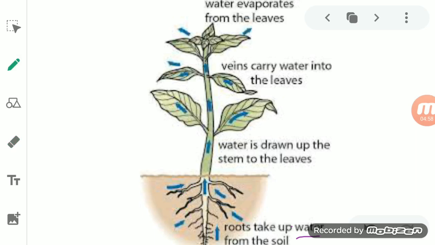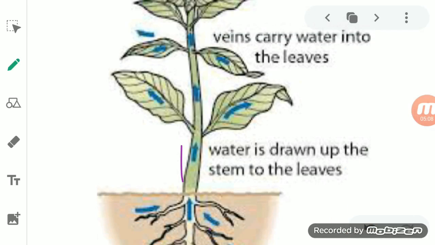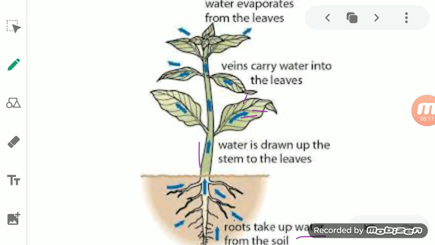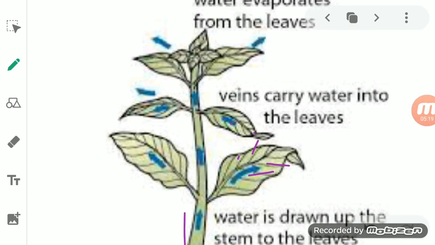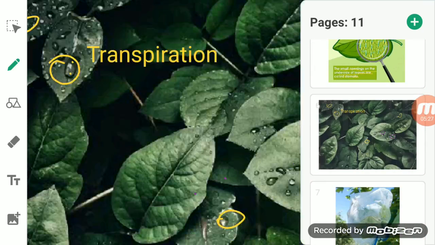The root takes up water from the soil, and this water is drawn up through the stem to the leaves. From there, the veins present in the leaves carry the water into the leaf, and the water is evaporated through the stomata present on the leaves.